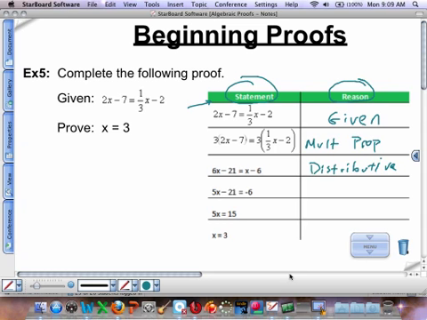No, you're down one too many. We're on the 5x minus 21 equals negative 6. What did we do there? What got us to that point? So guys, again, in order to find out this step, what did we do to go from here to there? Cordell? We subtracted. That's the subtraction property.